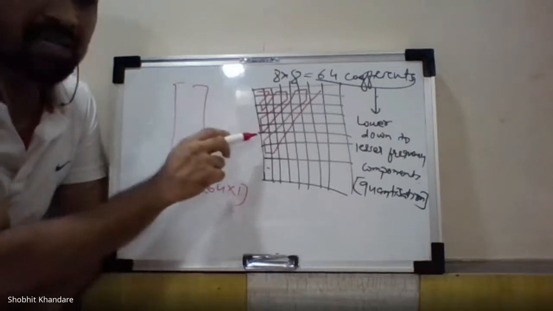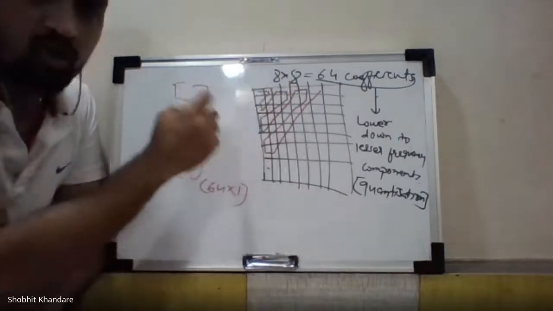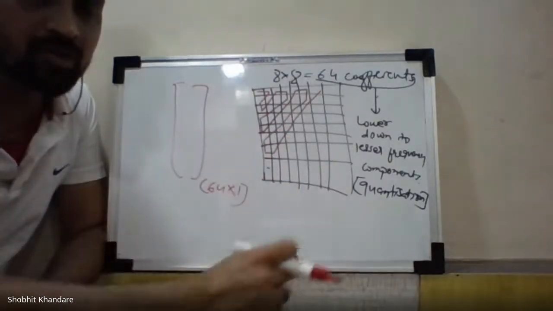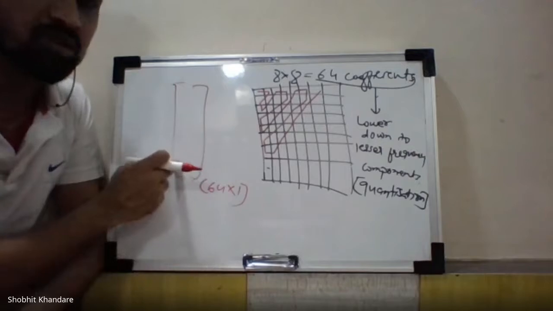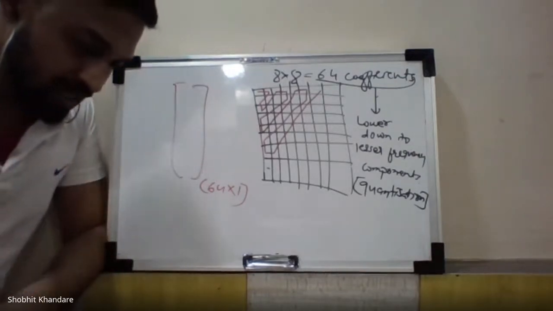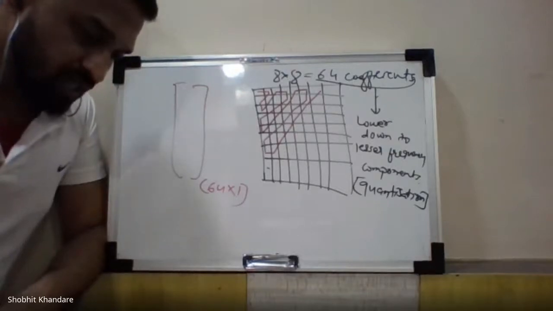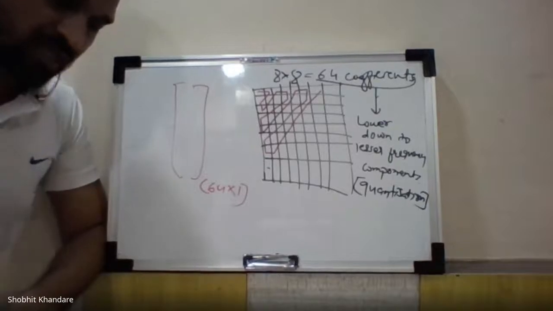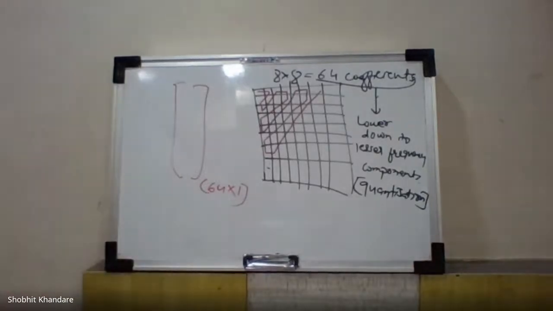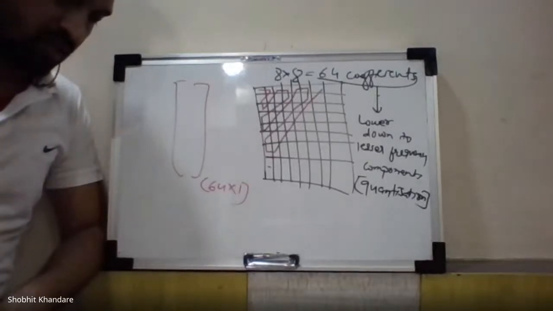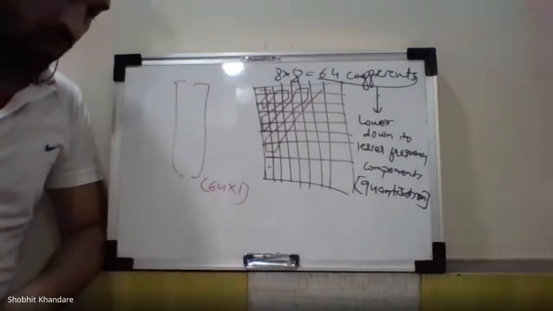So zigzag scanning is done in this manner. All the coefficients will be scanned and reordered into one dimension. This is called zigzag scanning. For this, you can just write down one line: the coefficients are then reordered into a one-dimensional array.